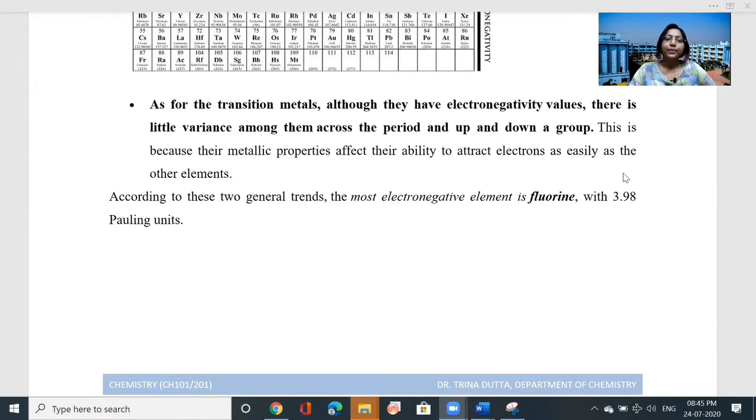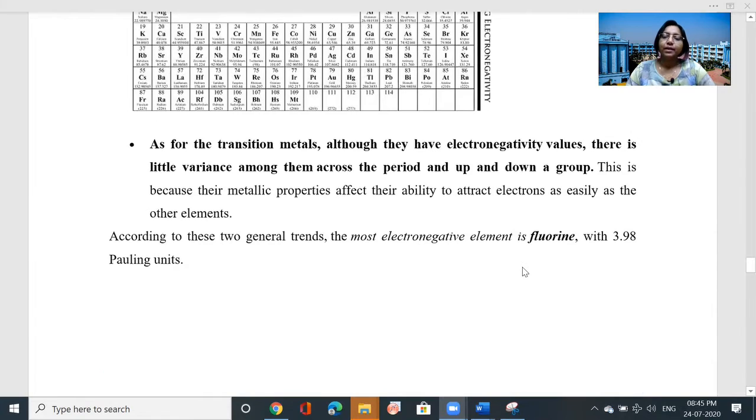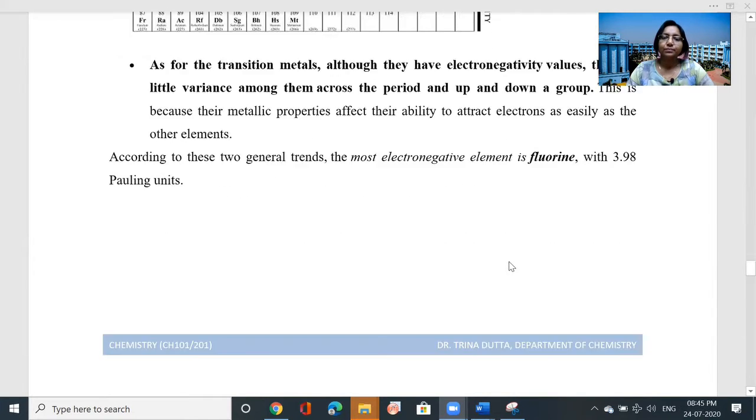According to these two general trends, the most electronegative element is fluorine with 3.98 Pauling units. So if I ask which element has the highest electronegativity, then you have to tell that it is fluorine. There may be different options given.